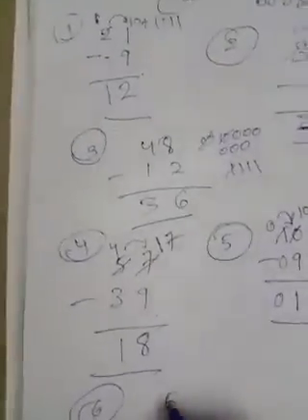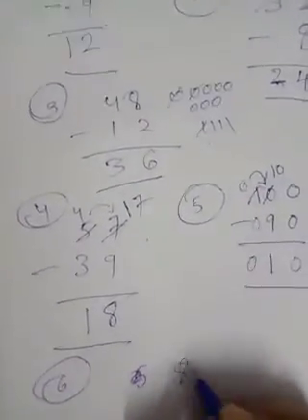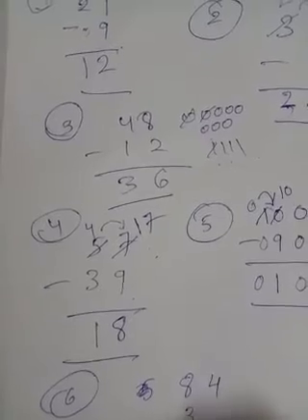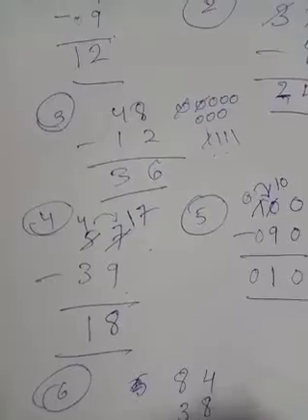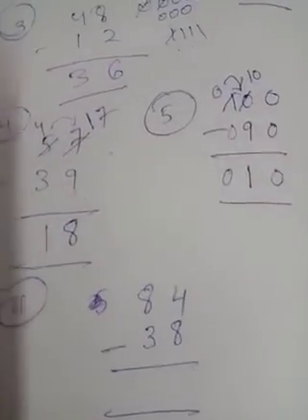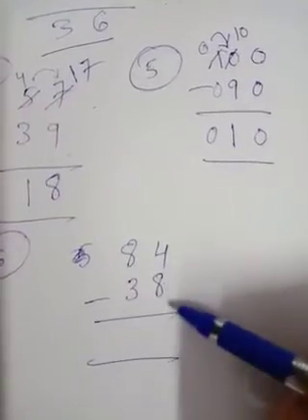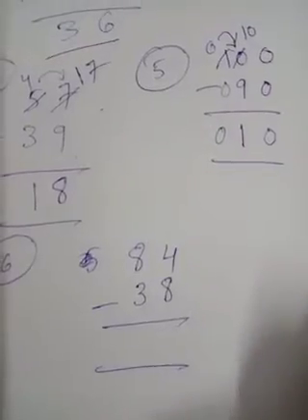52, so all 50 only. Okay, another number we will take. 84 minus 38. So here 84 minus 38. The 4 and 8 are the ones place numbers.